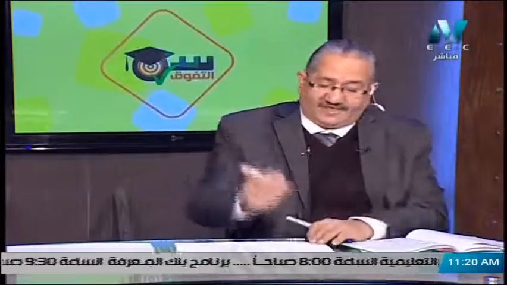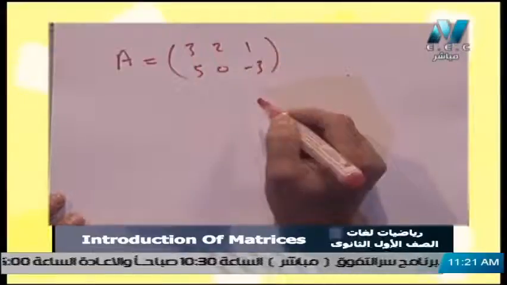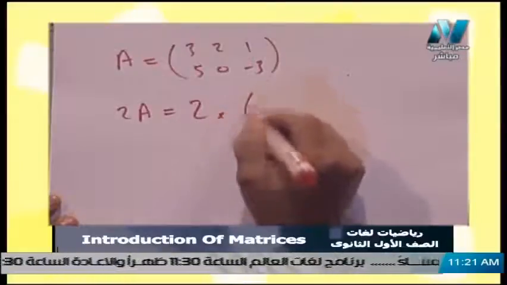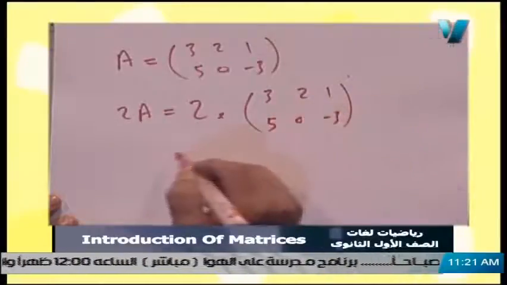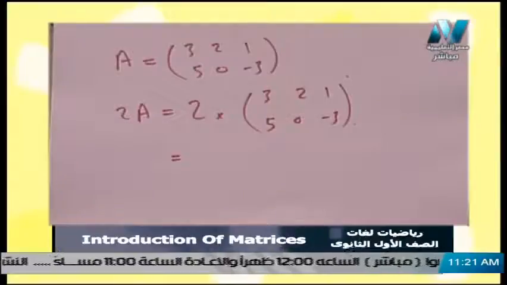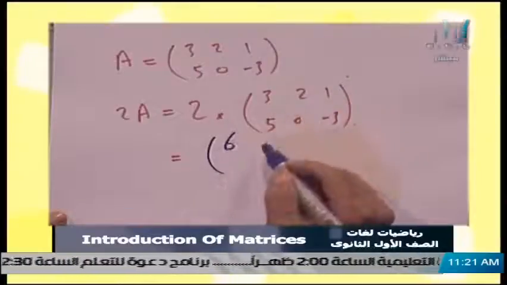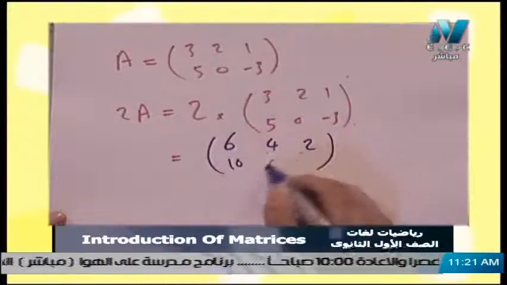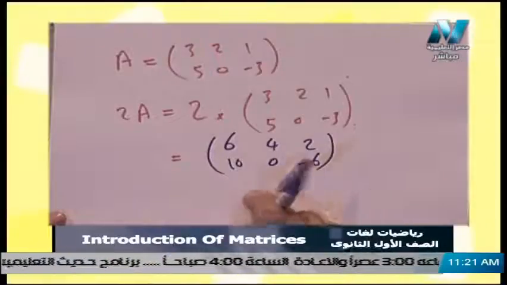Let's see if we have a matrix like that: 3, 2, 1, 5, 0, -3, and we would like to find out 2A. 2A means 2 multiplied by this matrix A. We will multiply each element by 2: 2 times 3 equals 6, 2 times 2 equals 4, 2 times 1 equals 2, 2 times 5 equals 10, 2 times 0 equals 0, 2 times -3 equals -6. So the resulting matrix equals 2A.